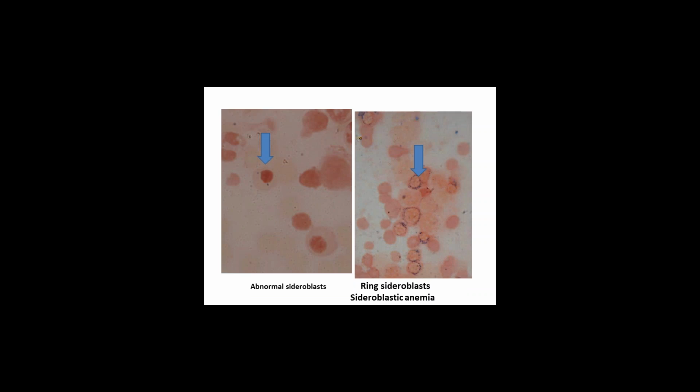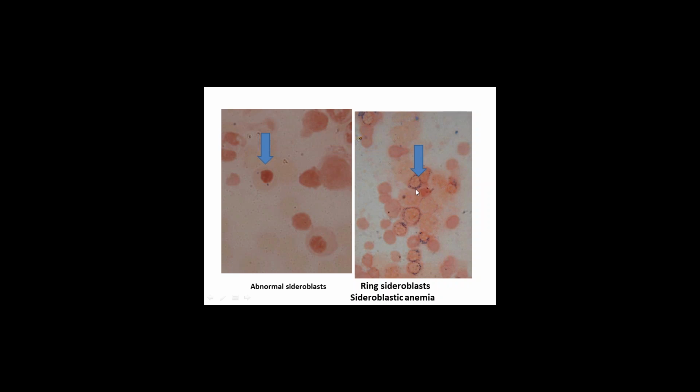For the abnormal sideroblast, these are the things that we can catch if we are aware of it. Looking at this, the sideroblast is a cell in which there are at least five iron containing granules surrounding the nucleus, covering more than two-thirds of it.